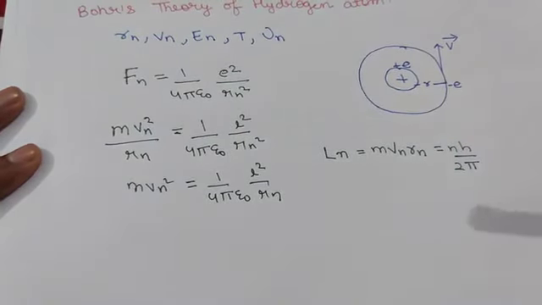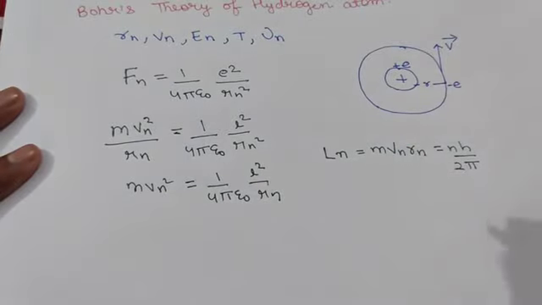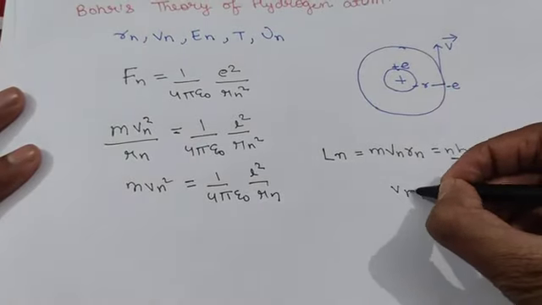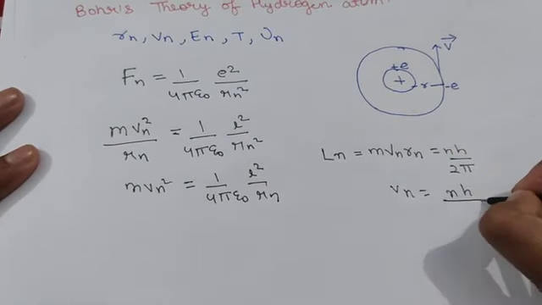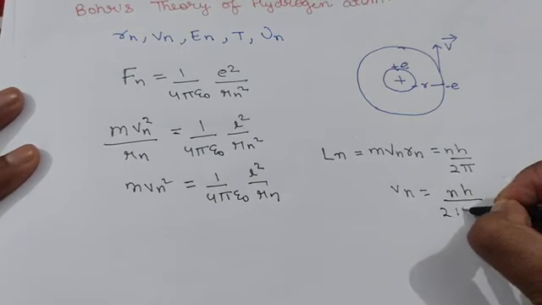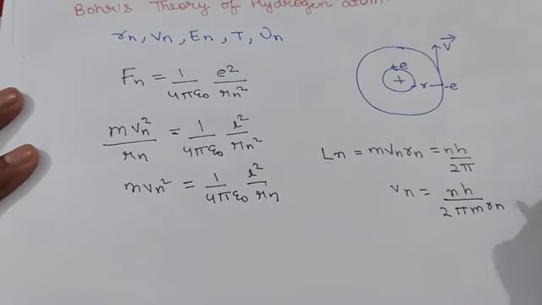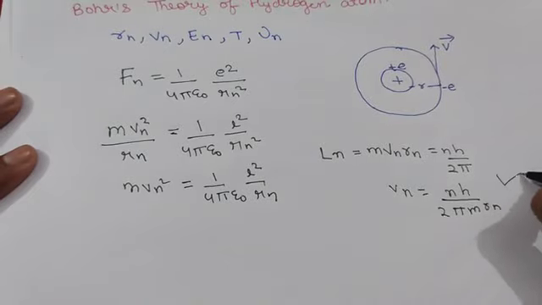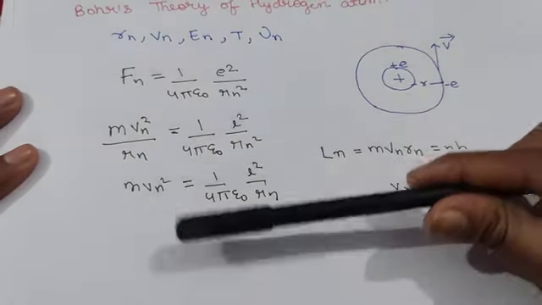We have this and the vn square equation. What we'll do is find vn from here. vn is equal to nh by 2 pi m rn. So this is our vn, but we need to first find rn.